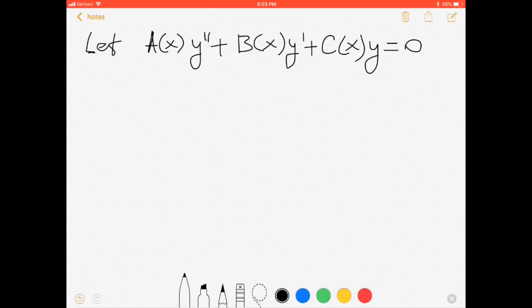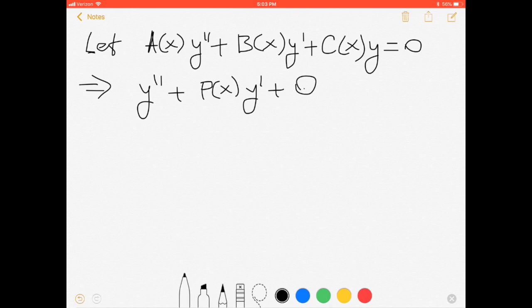We can easily divide by a(x) and rewrite our equation in this form: second derivative plus some function p(x) y prime plus q(x) y equals 0.